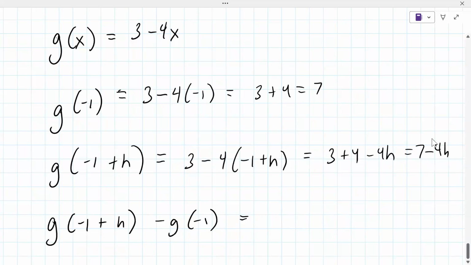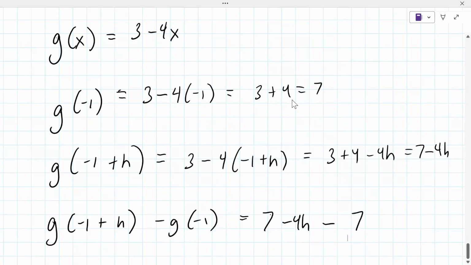Yes. Okay. So what did you get when you simplified here? Negative 4h plus 8. But isn't it 7 minus 4h minus 7? You're just taking this output as the first one. G of -1 is the second output.